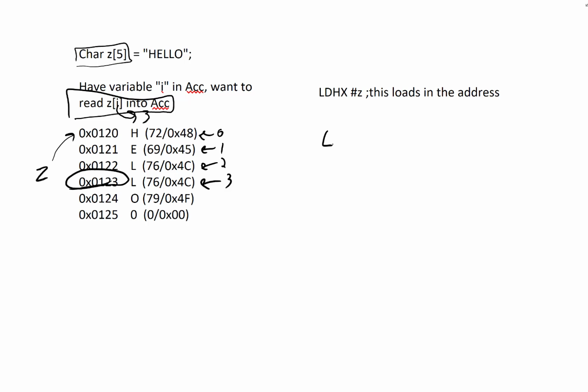So I can do things like load A Z, which would say this is 120, and so it would load A with what's at 120. I could even do load A Z plus 3, where Z is 120, so the assembler would add 3 to it, and then at runtime we'd be loading whatever is in our target spot. But again, I don't want to do this in a set offset way. I want to read that based on the value of I at runtime. So this method is no good.